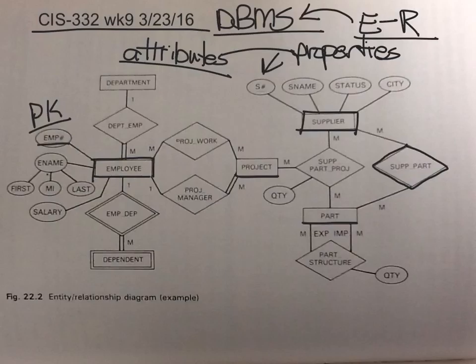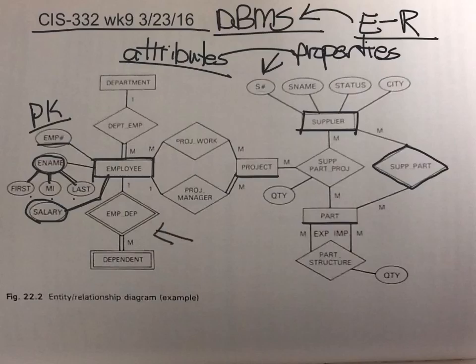Then we have the employee name. Now in this case, employee name is a composite because it's first name, middle initial, and last name. So that's a composite because it has these other simple ones in there. Salary would be a simple one. That would be a number. So obviously we don't have everything, but we have this.